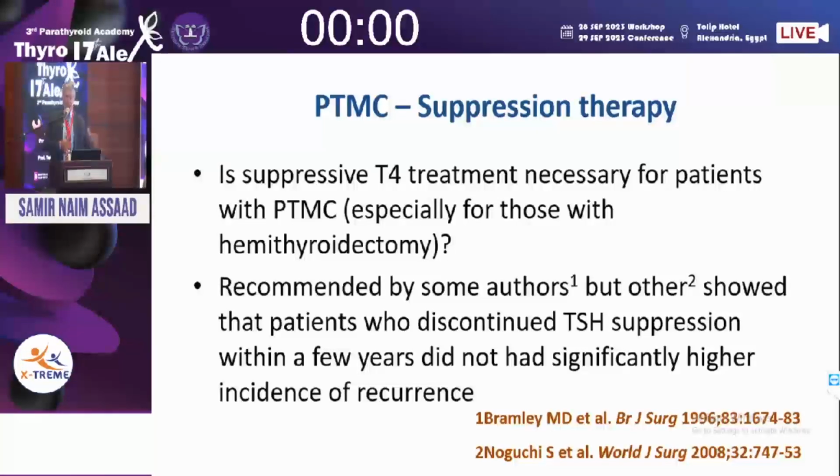So in this patient, either don't give suppression, because most of the data show it doesn't make a difference, or at least keep it between 0.1 and 0.5. Don't overdo it, because a higher dose gives a higher rate of atrial fibrillation and a higher rate of osteoporosis. So remember, suppression in this patient, rather keep the TSH between 0.1 and 0.5.